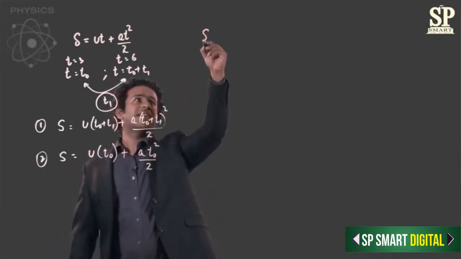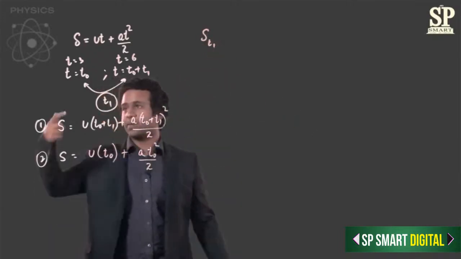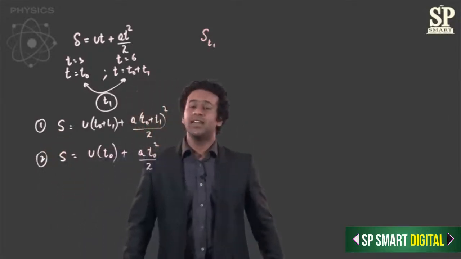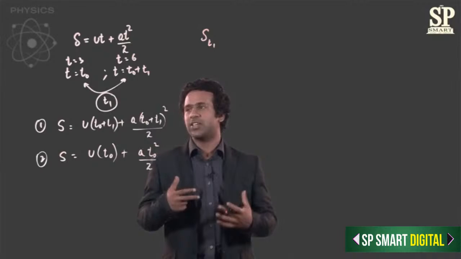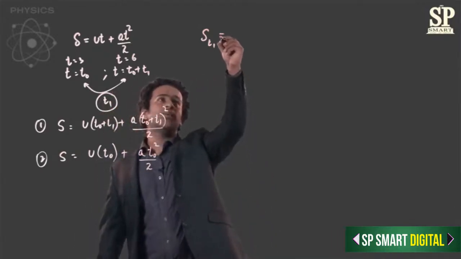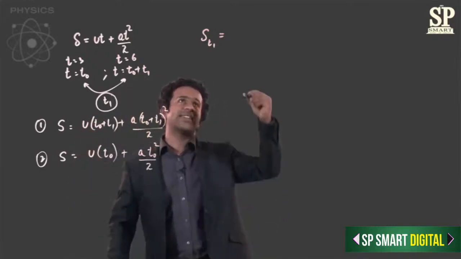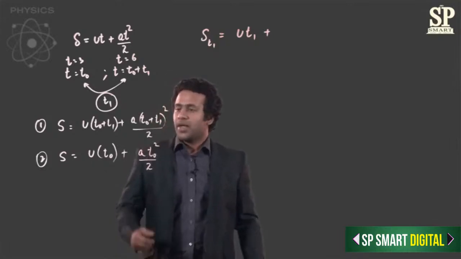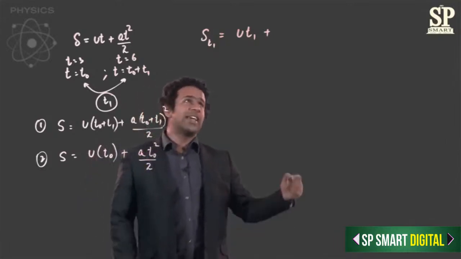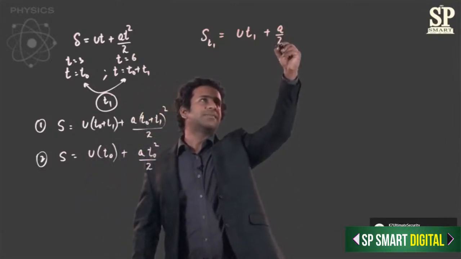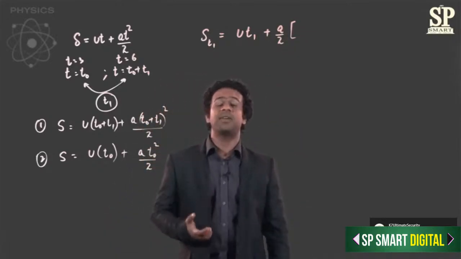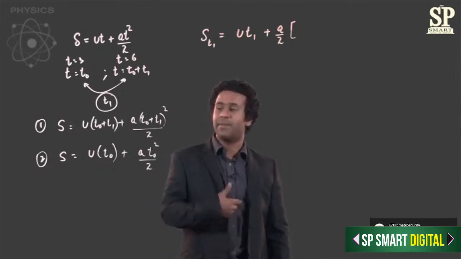So let's do that. So displacement in the interval t1, when I subtract these two, the left hand side I'm writing as st1, which indicates the displacement in the time t1, right? So it will be equal to, when you subtract these two equations, you're simply left with u into t1 plus, when subtracting these terms, we can keep a by 2 as common, and then since we have a square minus b square, we can simplify it as a plus b into a minus b.